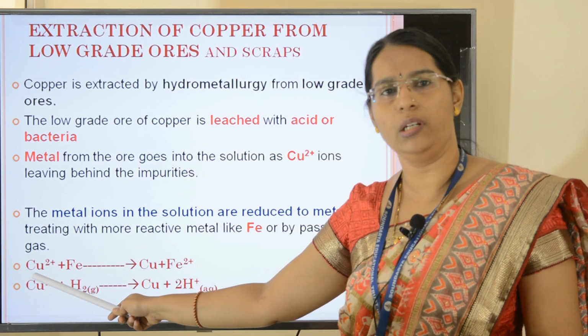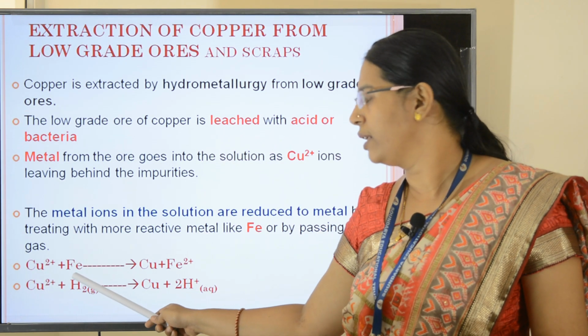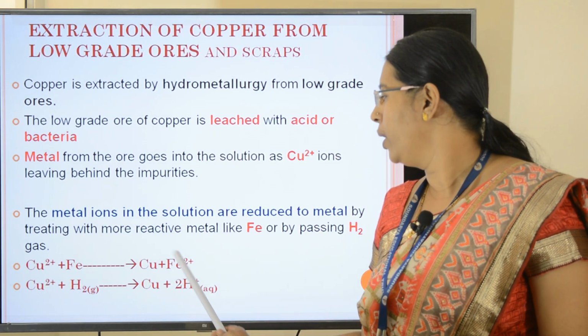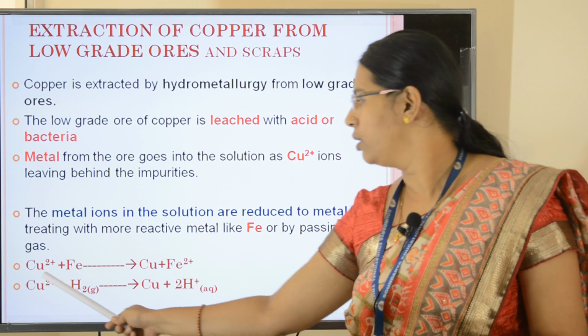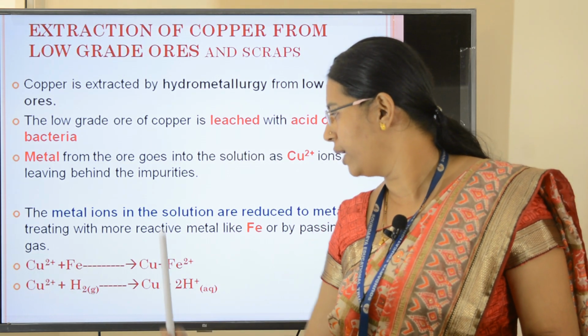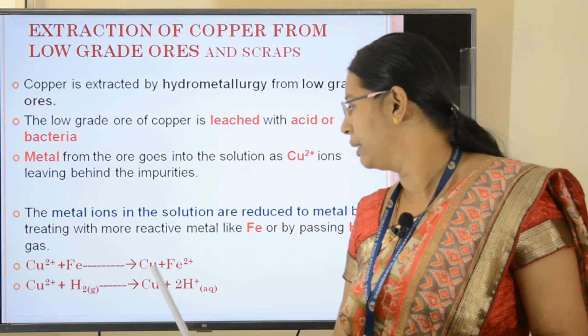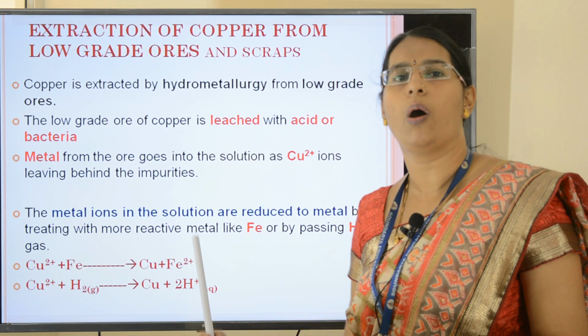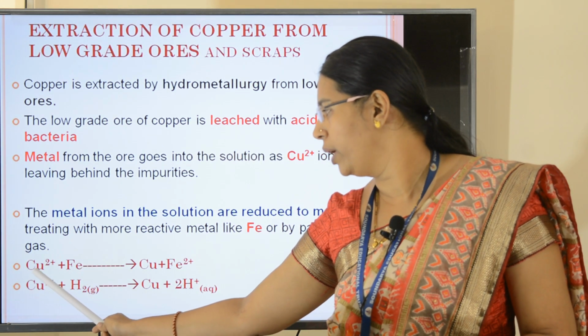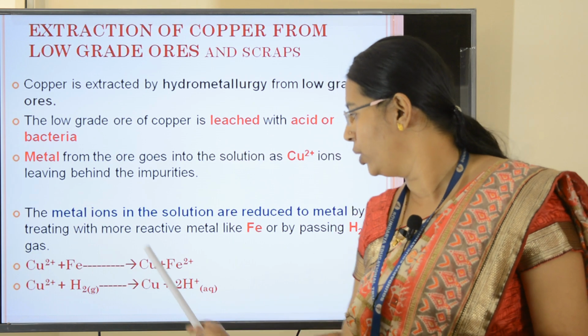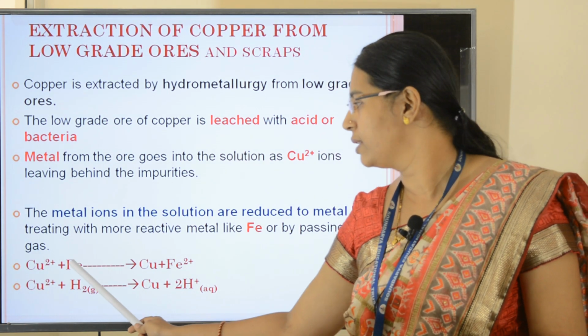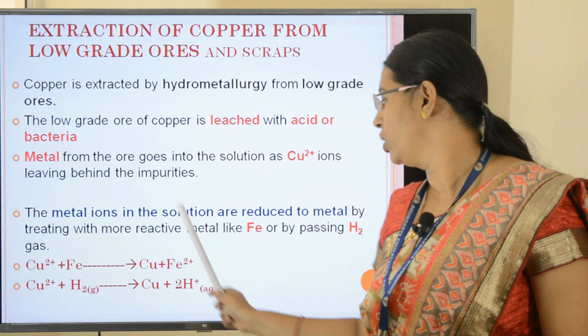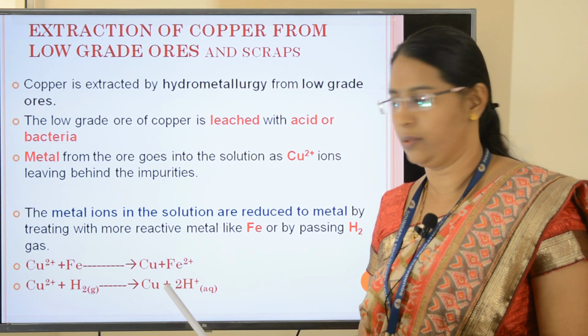Here is a reaction. Cu2+ plus Fe gives Cu and Fe2+. This is a redox reaction. Copper undergoes reduction, iron undergoes oxidation. So the Cu2+ ion, or cupric ion, is reduced into copper, whereas iron undergoes oxidation to form ferrous ions.